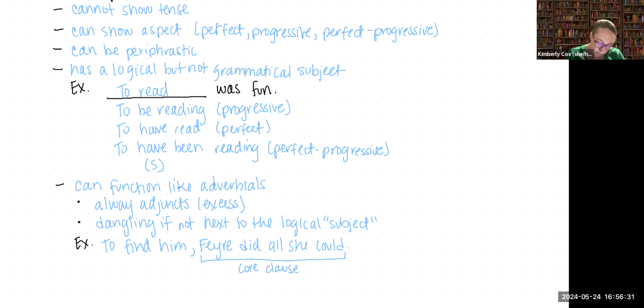Here we have our infinitive phrase. Feyre did all she could would work as a sentence by itself. So to find him is extra or unnecessary information. It's modifying that sentence. It's next to the logical subject, but it is functioning adverbially. It's functioning like an adverb in this instance.